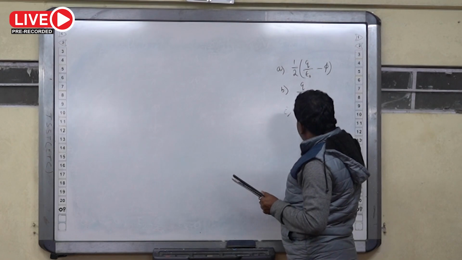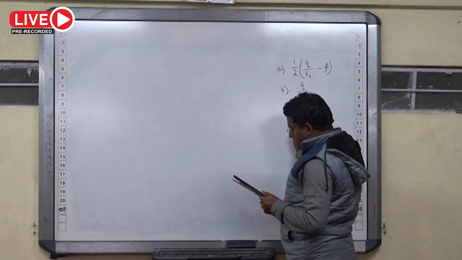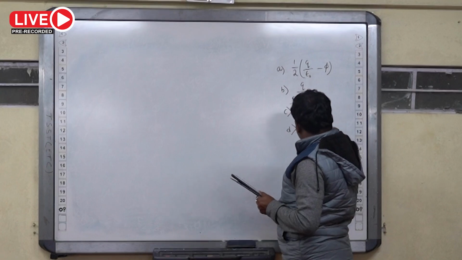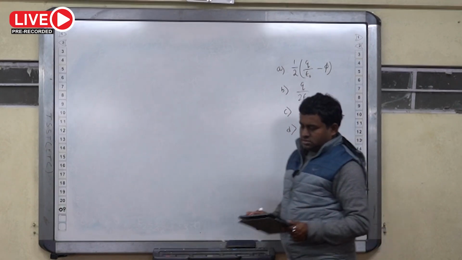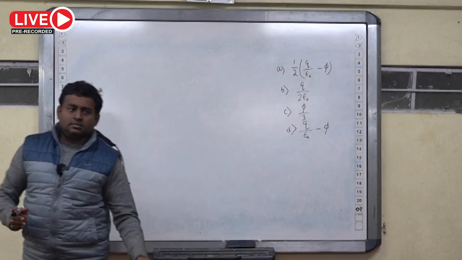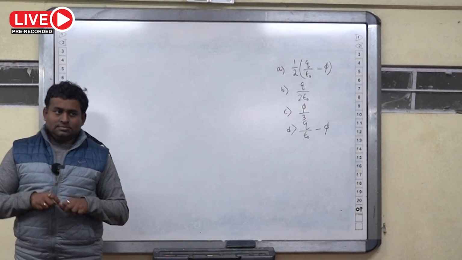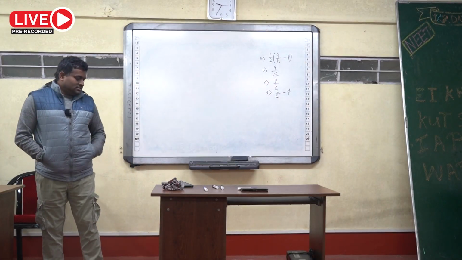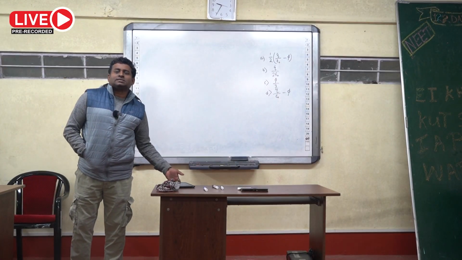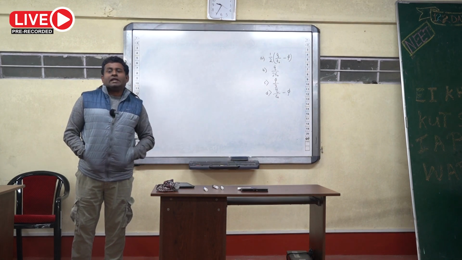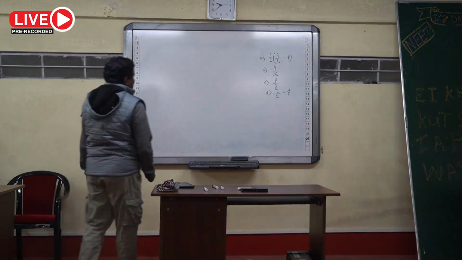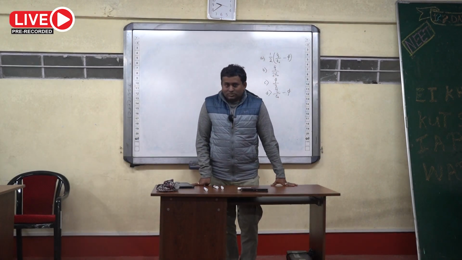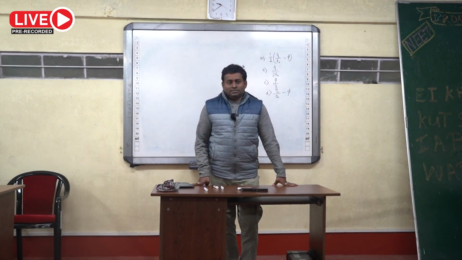Option C, phi by 3. Option D, q by epsilon naught minus phi. You have to find out the flux coming out through one of the flat surface. It's option 1.